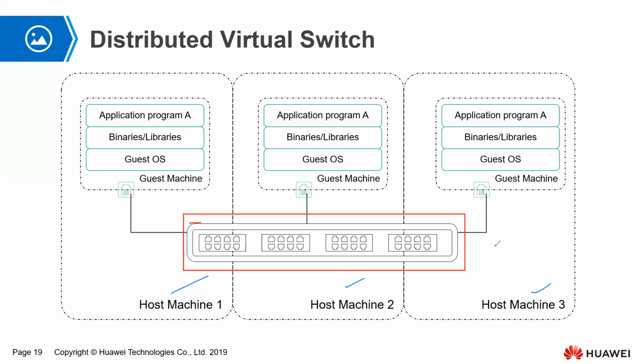In the Huawei virtualization products, we use distributed virtual switches a lot, and that's why we were introducing you to the virtual switches, but mainly we are now going to focus on the distributed virtual switches. The distributed virtual switch spans across different hosts, and it can connect different virtual machines from different physical hosts.